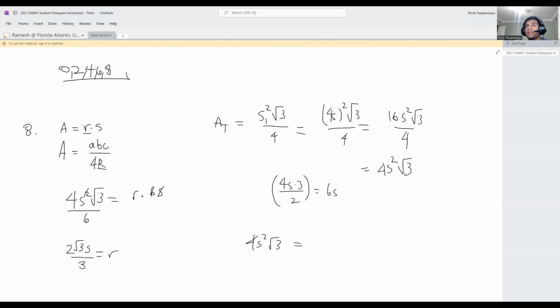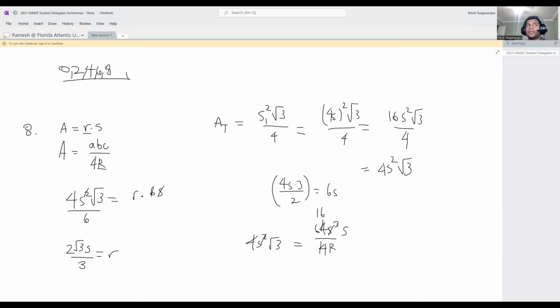This is equal to the product of the side lengths. Each side length is the same, so there is 4s times 4s times 4s, which is 64s cubed all over 4R. Clearly, the 4's cancel here. We're left with 16. The s squared is going to cancel here, so we're left with an s, actually.